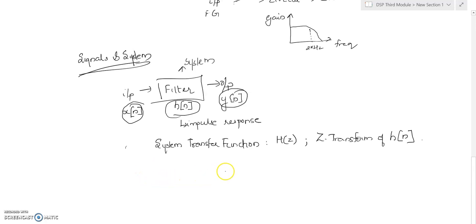So the system transfer function h of z is the z transform of h of n, which is the impulse response. Or I can define it as the ratio of the z transform of the output to the z transform of the input, and that is equal to h of z. So this is a primary concept that you have to learn about filters before we move into the actual design.